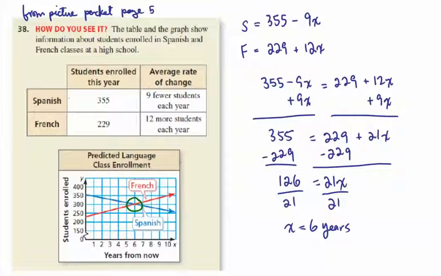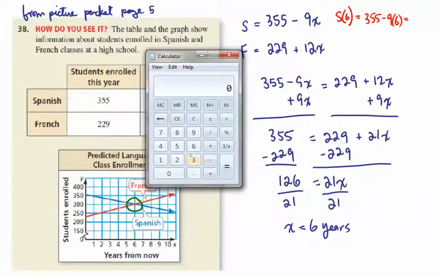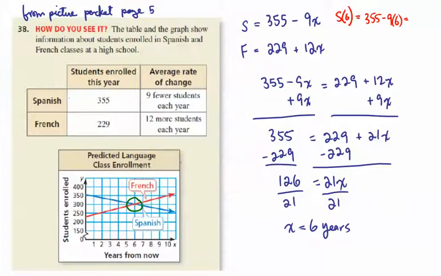Now, if we were to actually plug in 6 into both expressions, we might write something like S in 6 years will be 355 minus 9 times 6, and if we plug that in to our calculator, we'll get a total of 2,076. No, that's not right. Well, that calculator is obviously not doing order of operations correctly.